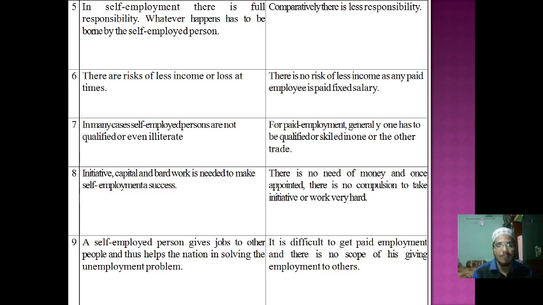Those who are unemployed will get jobs and become employed persons. But the manager has no scope of giving employment to others. So think about it: if you want to become a manager or an owner of a company, these are the two things.